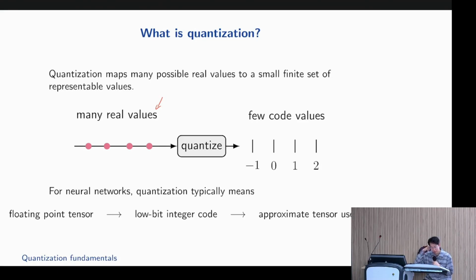For neural networks, this typically means you take as input a floating point tensor, output a lower bit integer code, and depending on the use case, approximate the tensor that's used in computation. I'm going to go into more detail later.